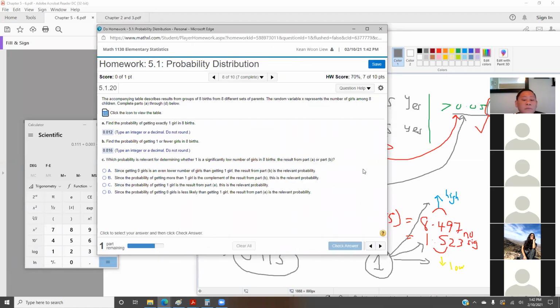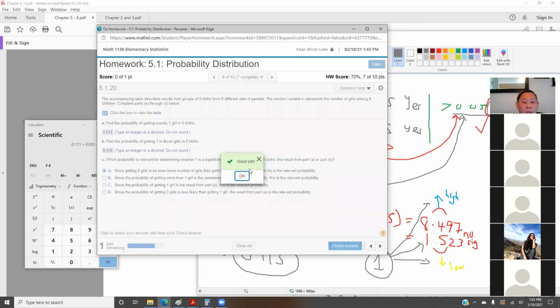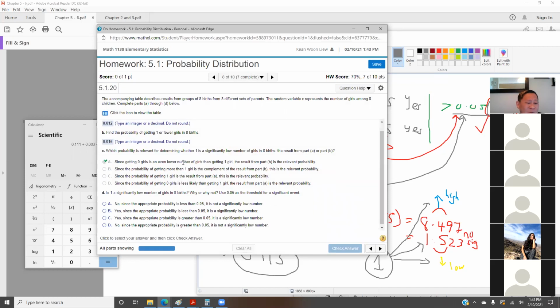B. So make sure you understand when they ask for significantly low, it's that number or fewer. If it's significantly high, that number or higher. So it's going to be B, because I don't do the complement. Since getting 0 is an even lower number than getting 1, the B is the one that you're looking for. I don't usually ask this question in the test.